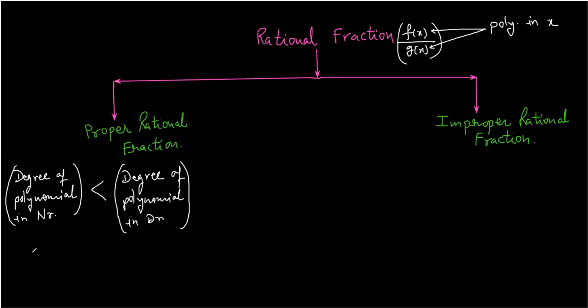For example, x plus 1 upon x square plus 7 is a proper rational fraction because the numerator is degree 1 and the denominator is degree 2. Similarly, x square plus 7 upon x cube plus 3x square plus 2: the degree in the denominator is 3 and the numerator is 2. So the degree of the numerator polynomial is lesser than the degree of the denominator polynomial, so it is a proper rational fraction.